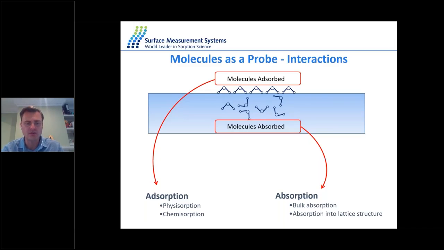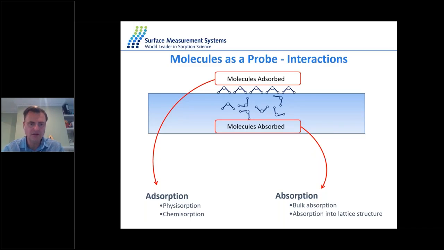When we talk about adsorption processes, we always refer to physisorption and chemisorption processes. In terms of absorption, we refer to bulk absorption, where material goes into the bulk of the material or into the lattice structure, where it can form, let's say, solvates.